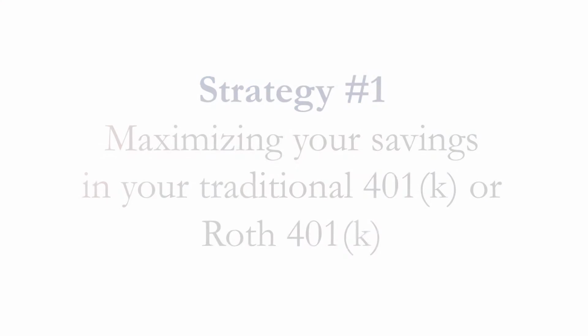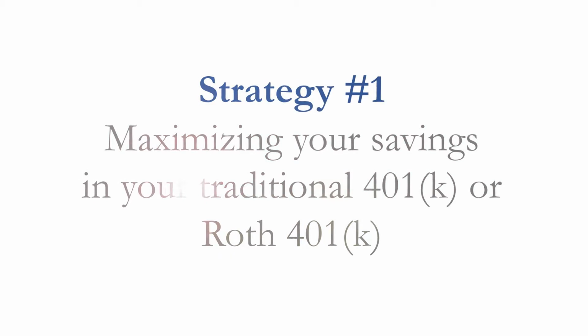First, maximizing savings in your 401k using either a traditional or a Roth 401k. Let me explain the differences first. In a traditional 401k plan, you're putting money away pre-tax. The government's actually giving you some money, so you have a little bit more money to save and invest in your 401k, which will grow tax deferred over your lifetime.